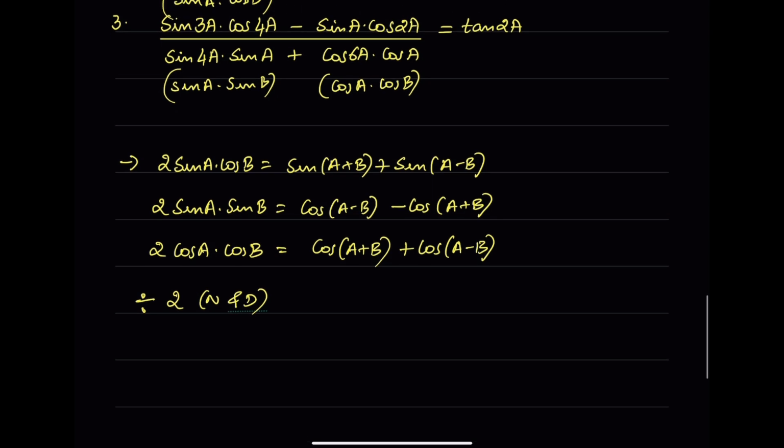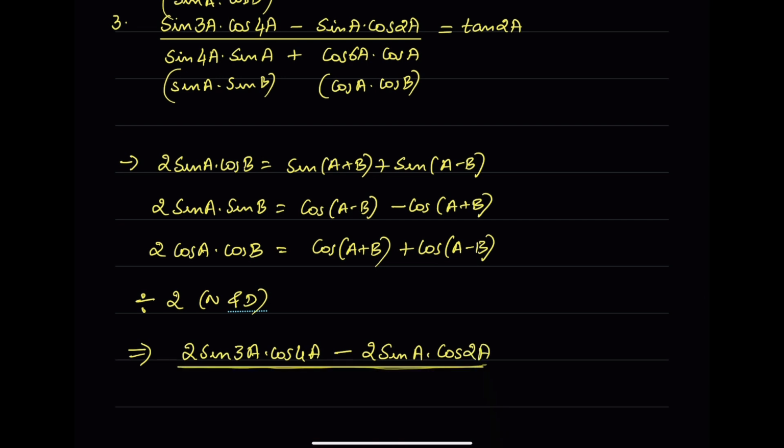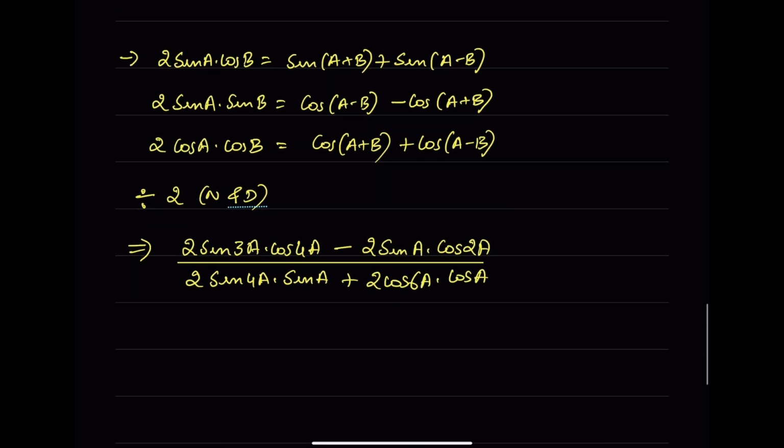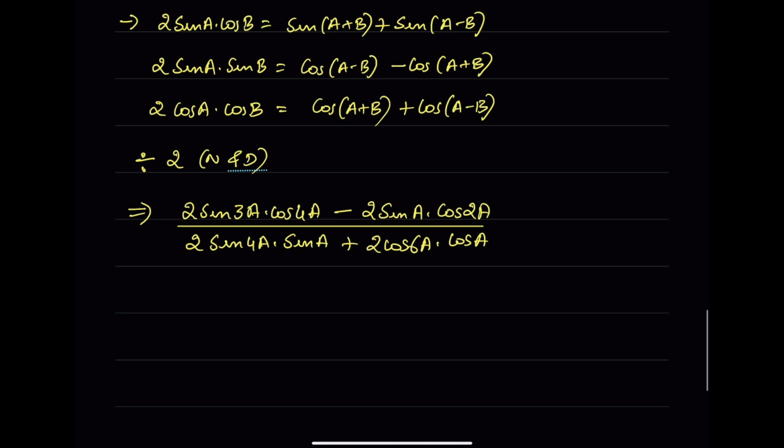So our question would change to 2 sin 3a cos 4a minus 2 sin a cos 2a, this whole thing divided by 2 sin 4a sin a plus 2 cos 6a cos a. So let's start applying the formula now.